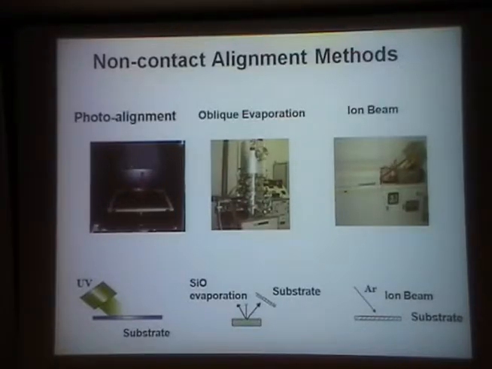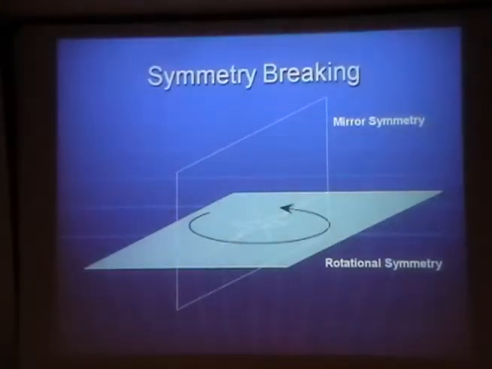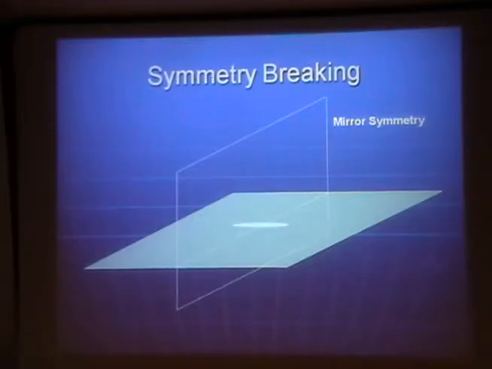So like I said before, what is really important is the symmetry breaking and how to break the symmetry that a glass substrate or whatever substrate inherently has. Oblique processing breaks the symmetry in one way or another, and that's why all these processes can generate a uniform alignment. So symmetry breaking is the core.